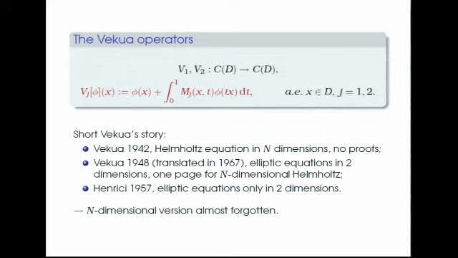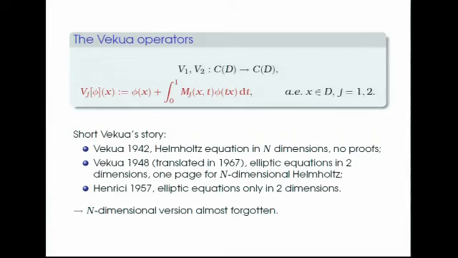After a few years, he wrote a book where he generalized this operator from Helmholtz to much more general elliptic equations, but only in 2 dimensions. And he wrote only 1 page about the special case of Helmholtz that can be generalized to higher dimensions. And this book was written in Russian.